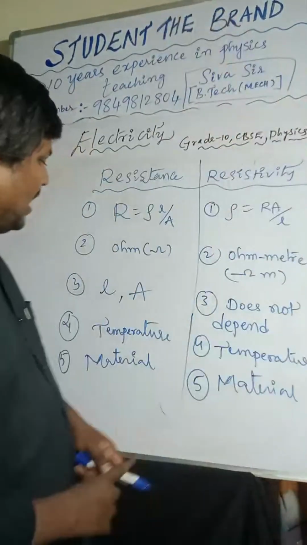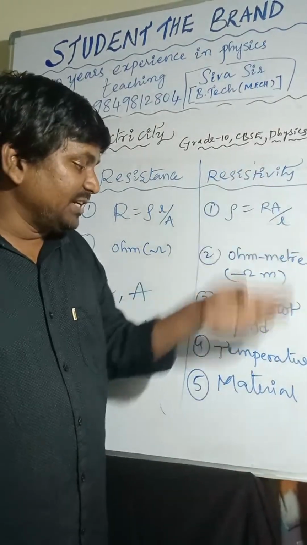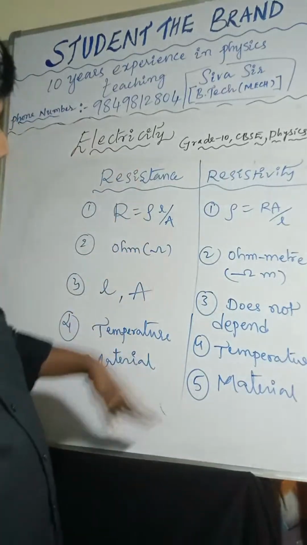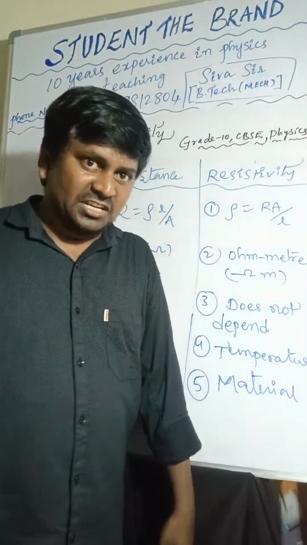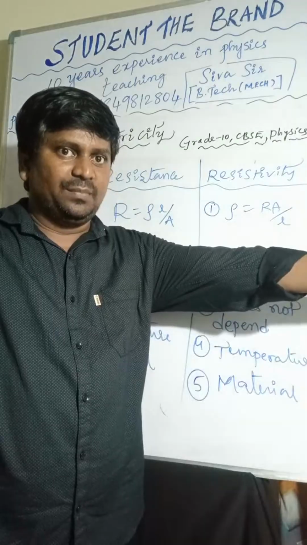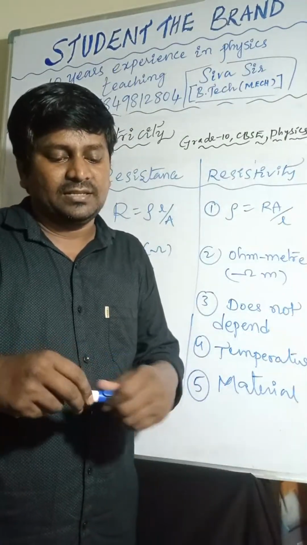Resistance depends on temperature, resistivity also depends on temperature. Resistance depends on material, resistivity also depends on the material of the conductor. So this is about the differences between resistance and resistivity.